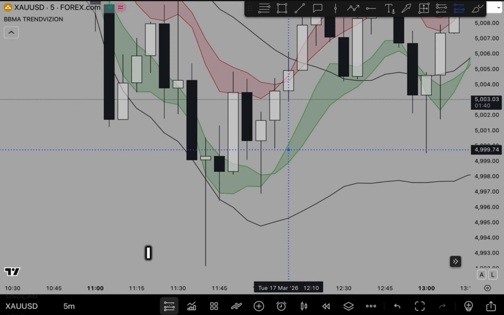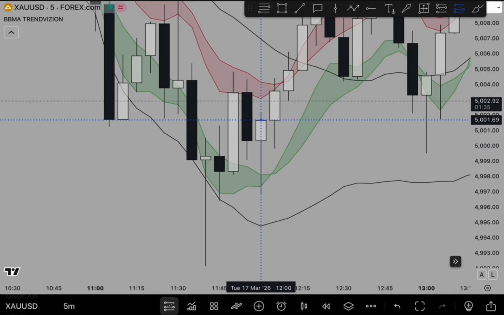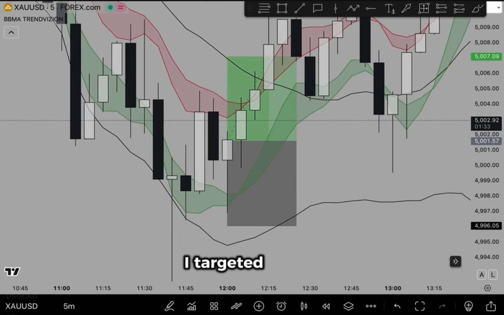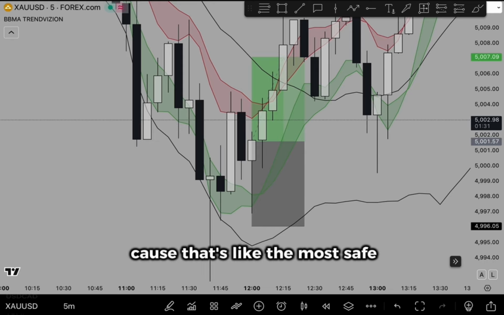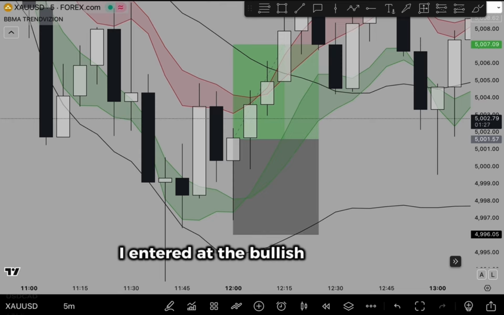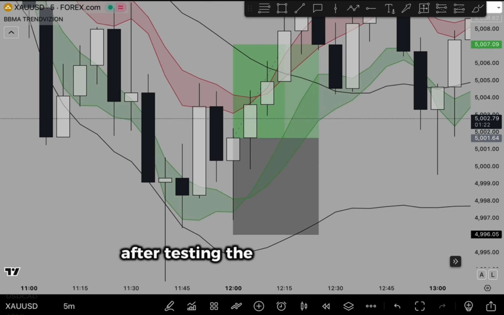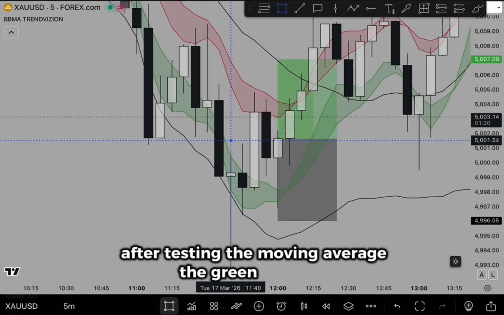I haven't tested what RR it usually gives yet, so I targeted a 1-to-1 because that's the safest thing to do. So I entered at the bullish closure of the candle after testing the green moving average.